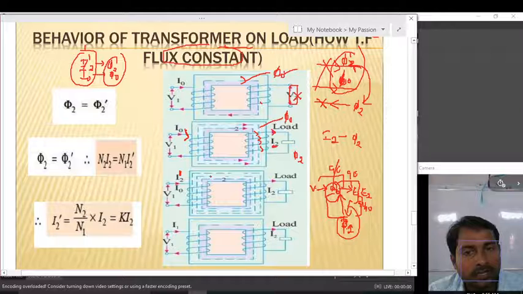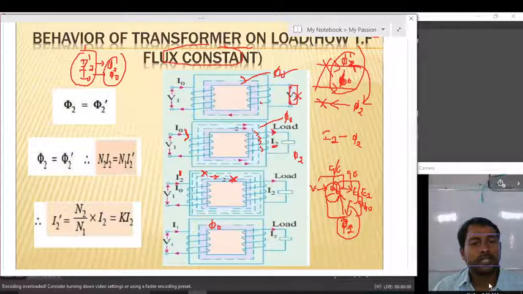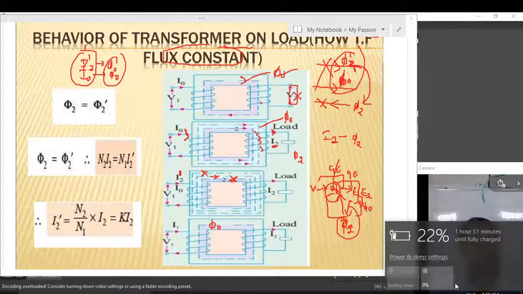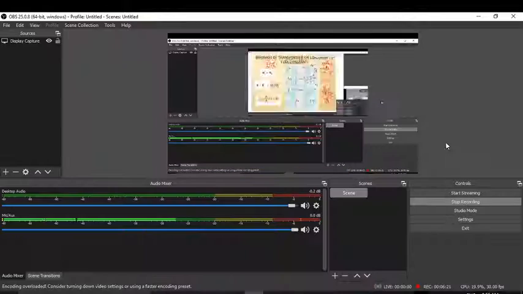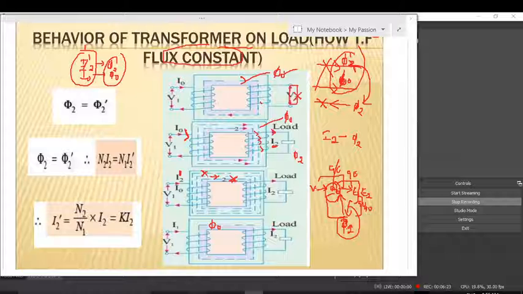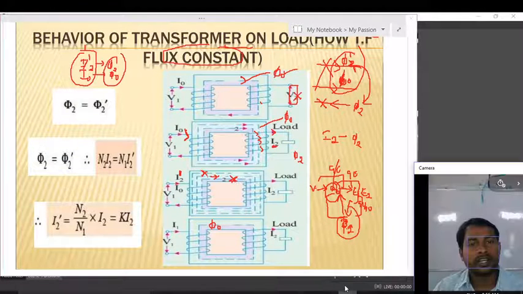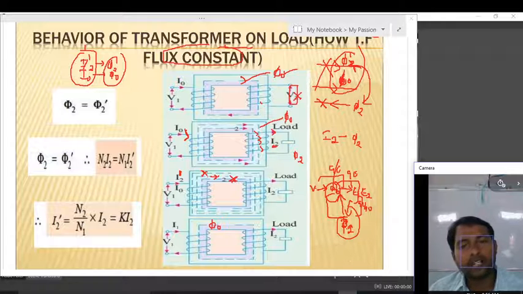In this direction phi naught and phi 2 dash, and this is phi 2. So this one and this one will be cancelled, and finally only phi naught exists in the transformer core. In this way we can conclude that the flux in the transformer core is constant, even when the load is increased.